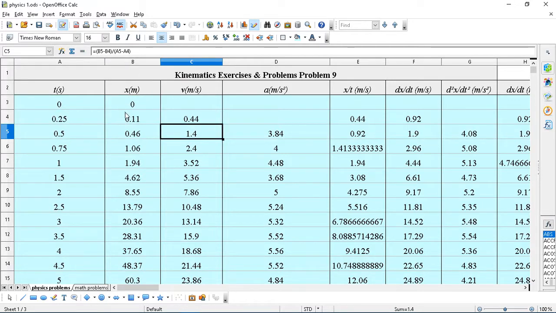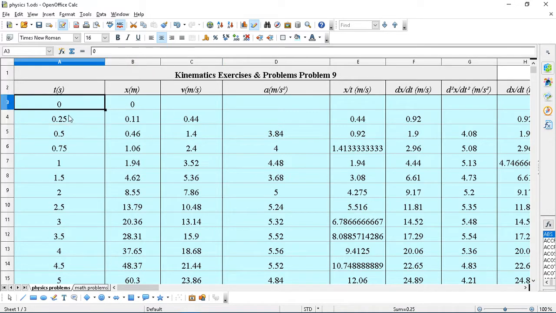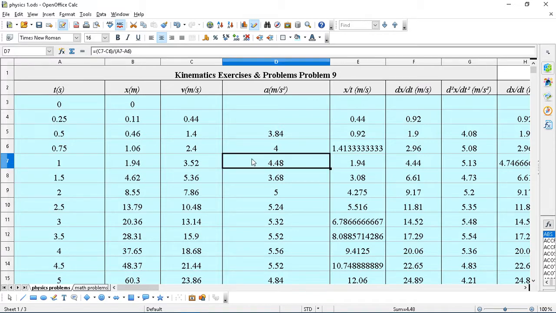Here you have column B, row 3, so here you have cell B3. The same happens with A4 and A3. This is A4, this is A3, this is A8, this is C7.